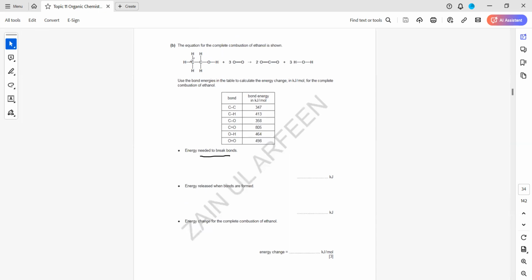So we have 1, 2, 3, 4, 5, so it will be 5 multiplied by CH, plus a carbon-carbon single bond, plus a CO bond, plus an OH bond, and plus 3 oxygen-oxygen double bonds.